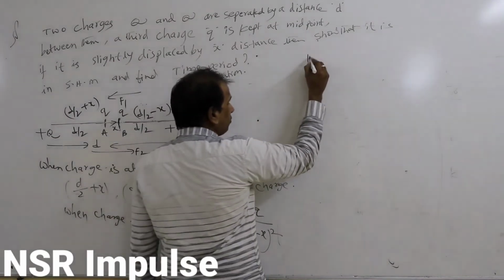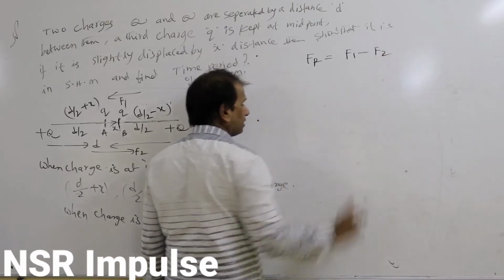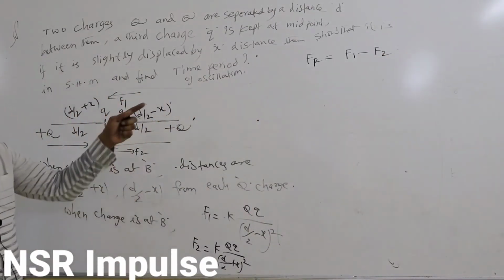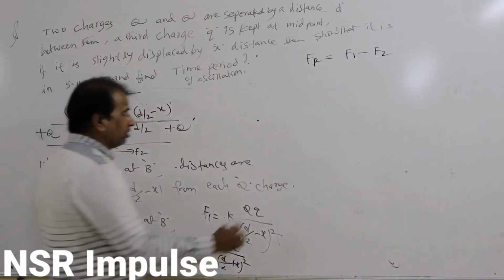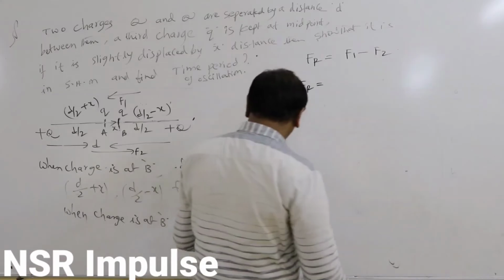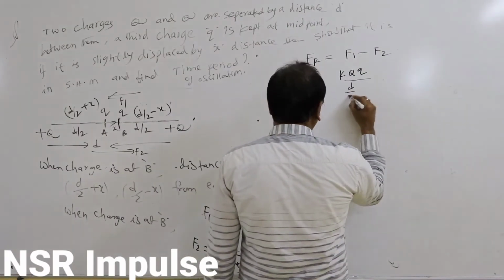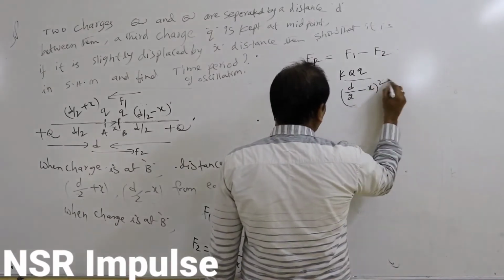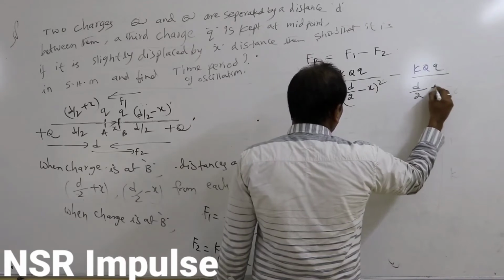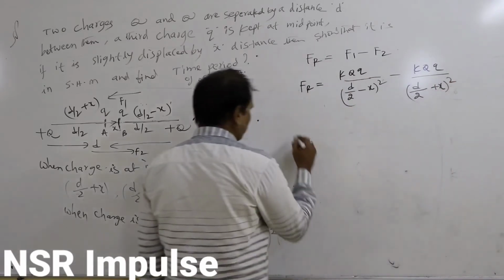So resultant force Fr is equal to F1 minus F2, which is K Q q by (d/2 minus x) whole square minus K Q q by (d/2 plus x) whole square.